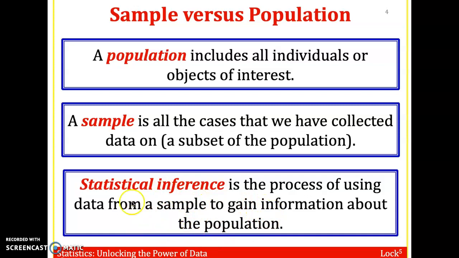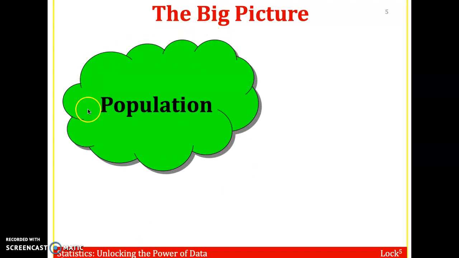In fact, I want to go to a picture. I'm going to put this picture on slides and draw this picture many times throughout the semester. Looking at statistical inference, say we have a population, and I like the graphic here as a cloud. I don't know why it's green, but we've got a green cloud, because a population oftentimes is very big, and it's changing. If we're looking at all U.S. adults, do we count people that are 17 that are just going to turn 18? What about all the people, sadly, that are going to pass away today or tomorrow or this week?